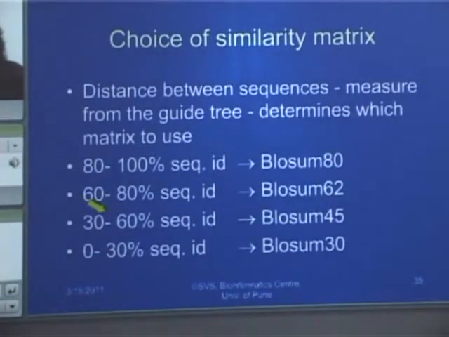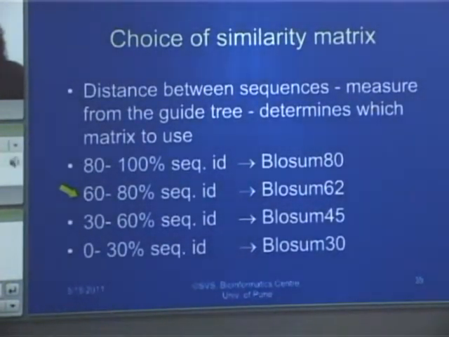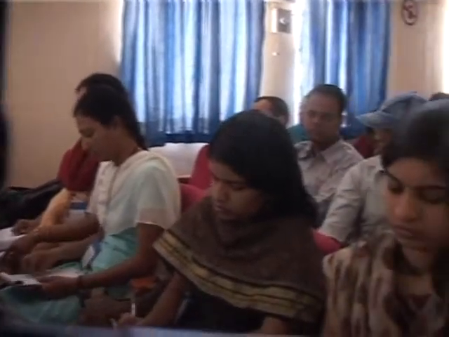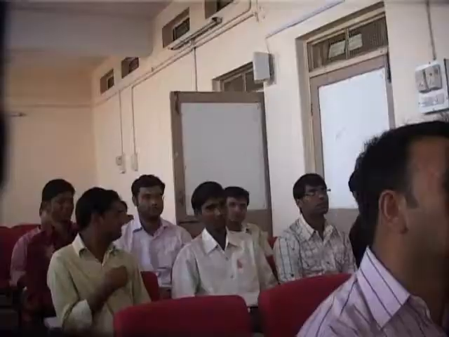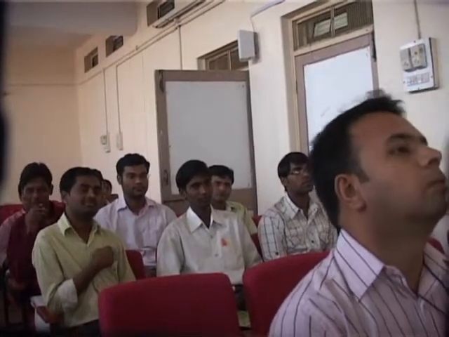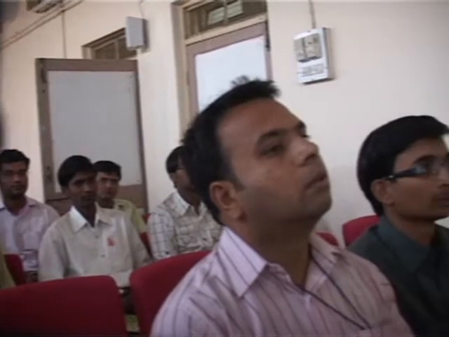If all the sequences in your data set have... for the 40 to 60% range, Blosum 120, and for the most divergent data, 0 to 40.